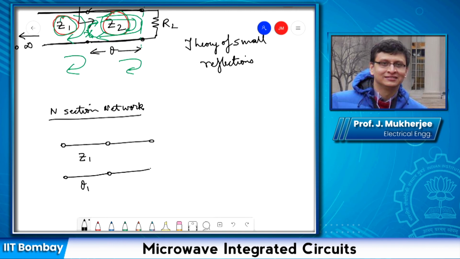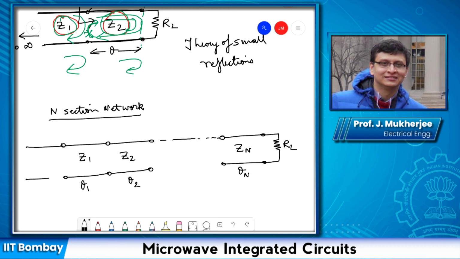This is the second section with characteristic impedance Z2 and electrical length theta2, and so on, till we come to the nth transmission line segment having characteristic impedance Zn and electrical length theta n, and finally we have our load RL, and on this side we have our source.